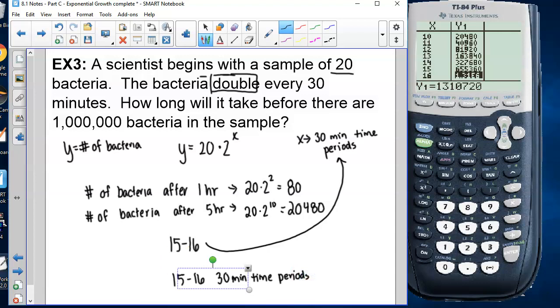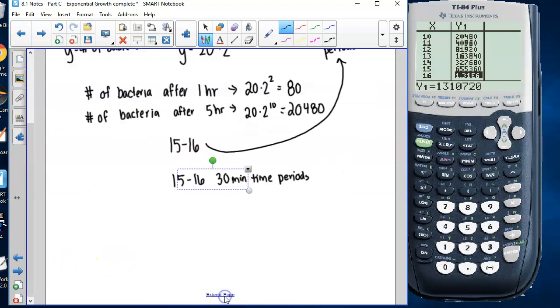Evan is right, that's 7.5 to 8 hours. So somewhere between 7.5 and 8 hours. If I ask this question like this, I will take any answer that's between 7.5 and 8 hours.